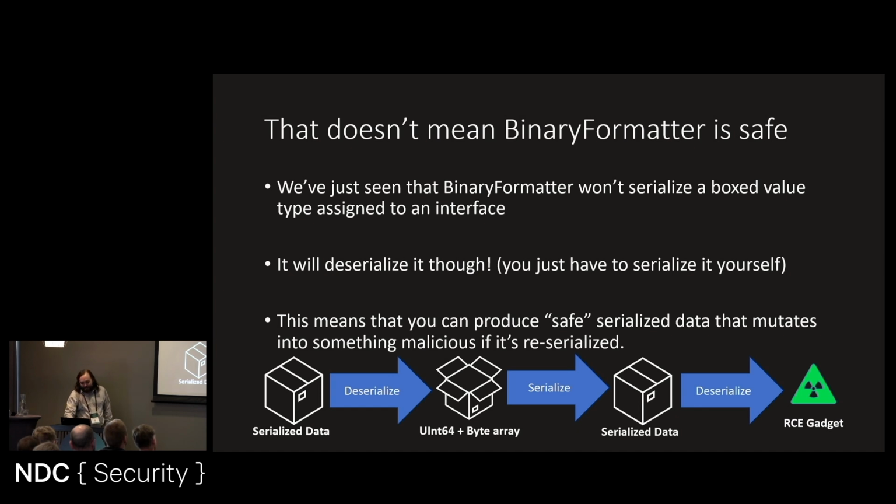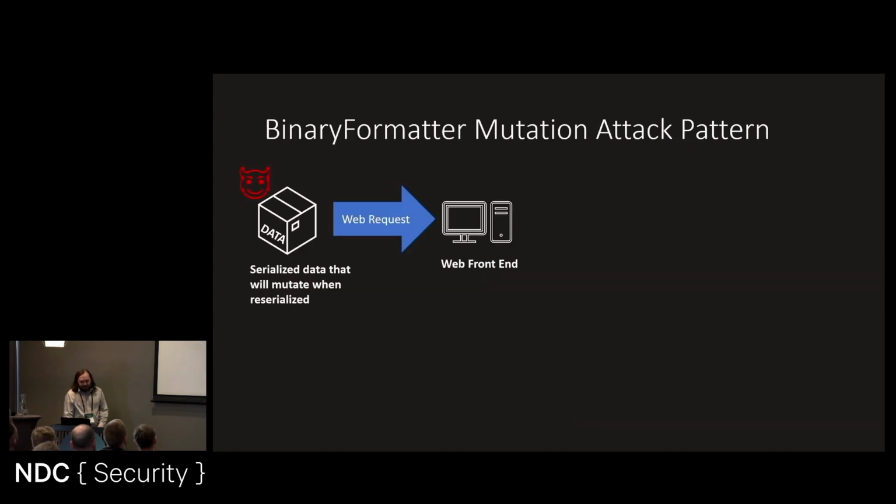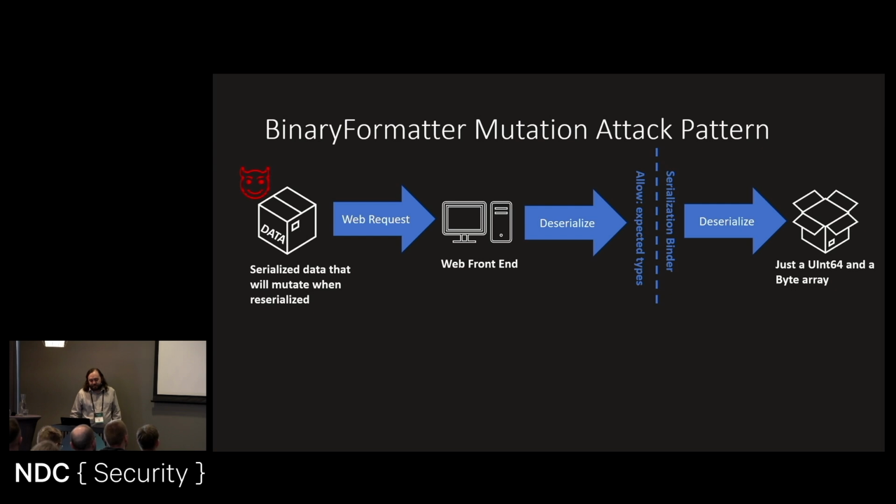So you have an attack pattern that looks like this. You've got a web front end somewhere where it's expecting data that's serialized with BinaryFormatter. And that's not a great idea, but let's say it's going to be deserializing it with a serialization binder. What you're going to do then is give it data so that when it's first deserialized, it's harmless. It's a uint64 and a byte array. Those are primitive types. Serialization binders don't even get asked about them. They just go by.